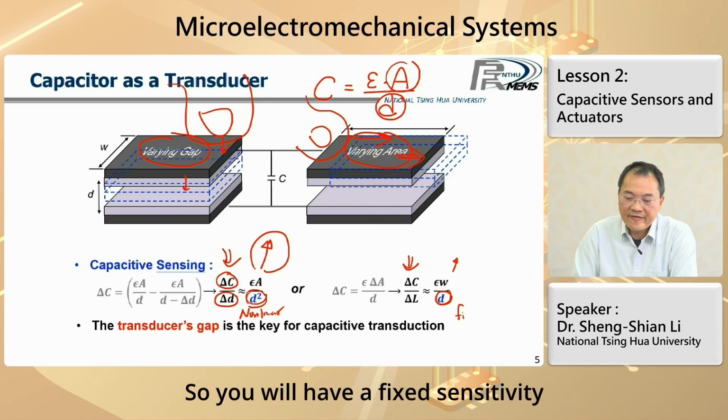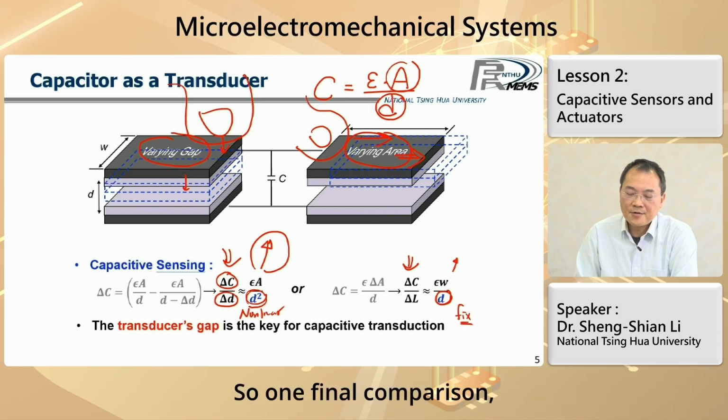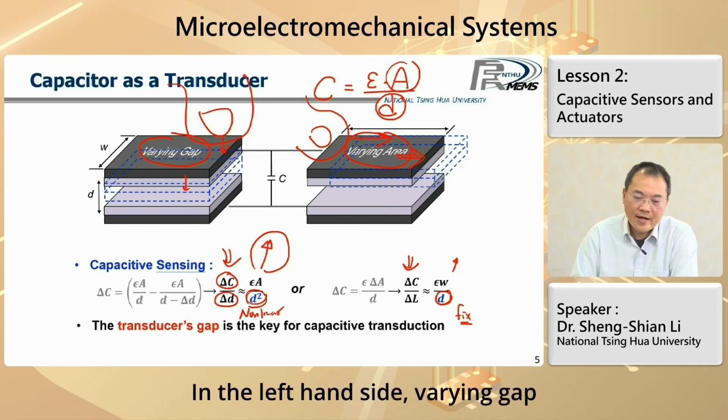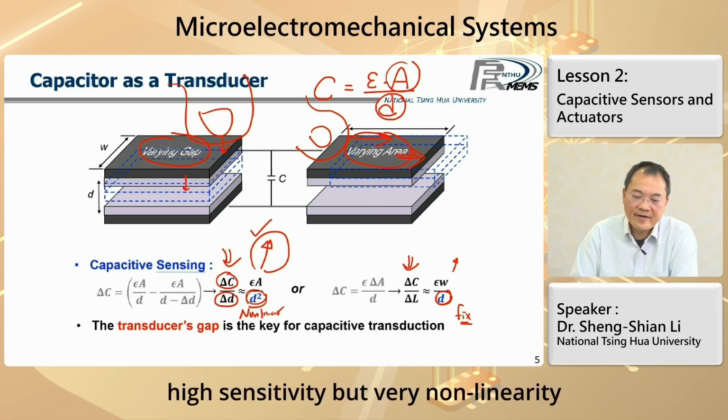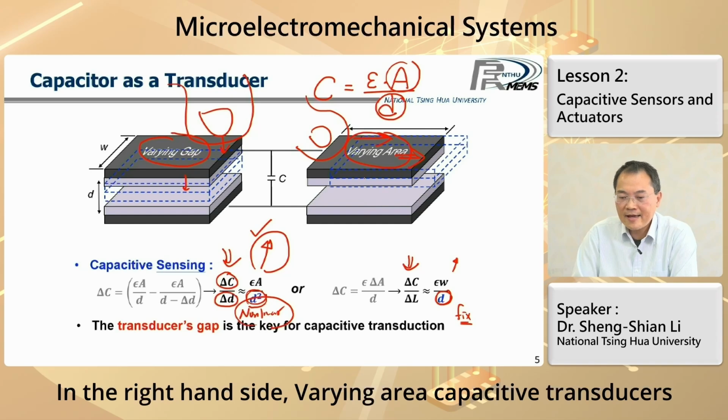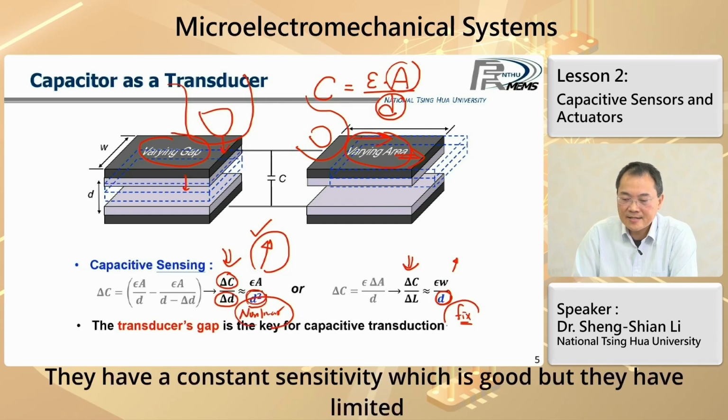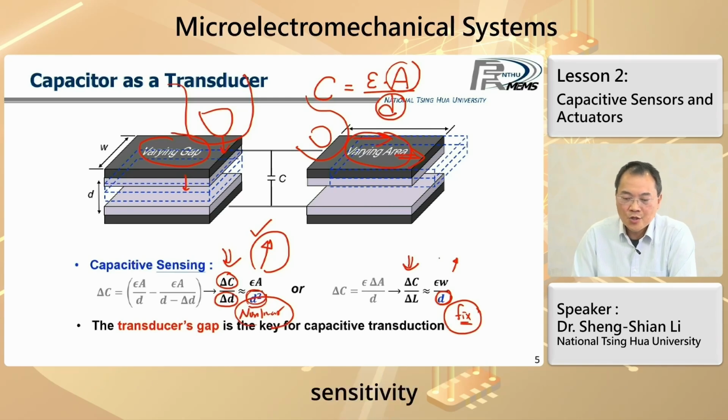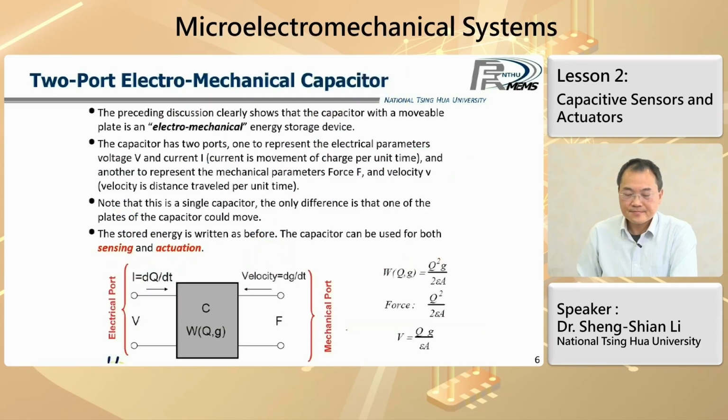So you will have a fixed sensitivity. So one final comparison. On the left-hand side, variant gap, high sensitivity but very nonlinear. On the right-hand side, variant area capacitive transducers have a constant sensitivity, which is good, but limited sensitivity. So transducer gap is the key for capacitive transduction.